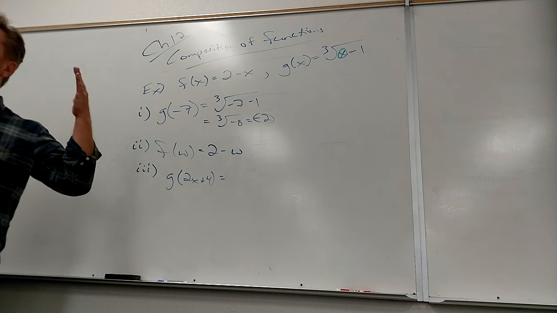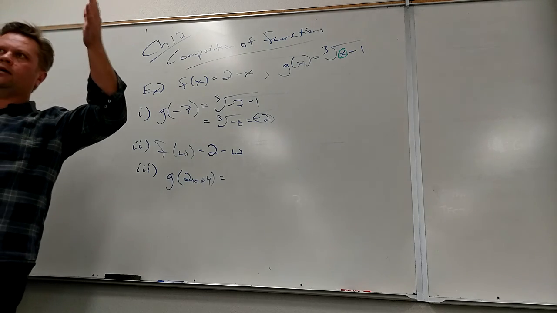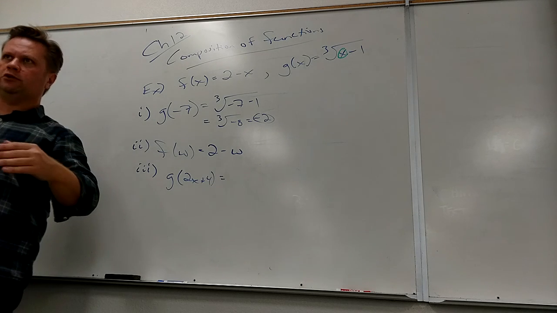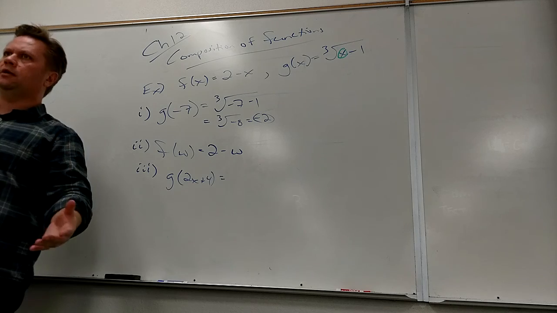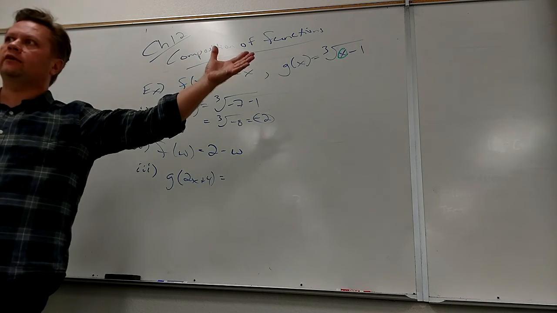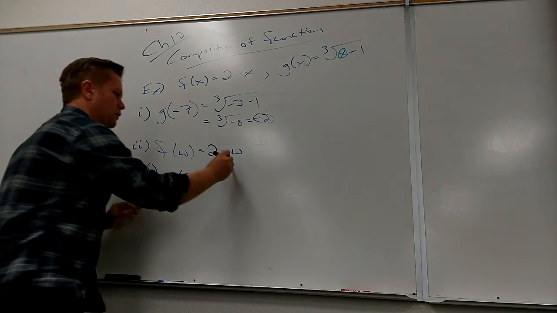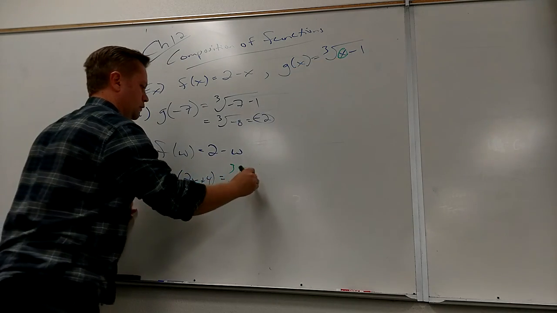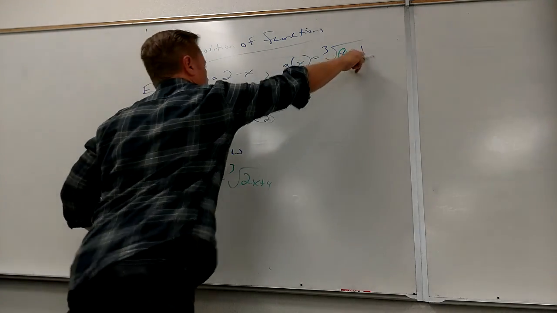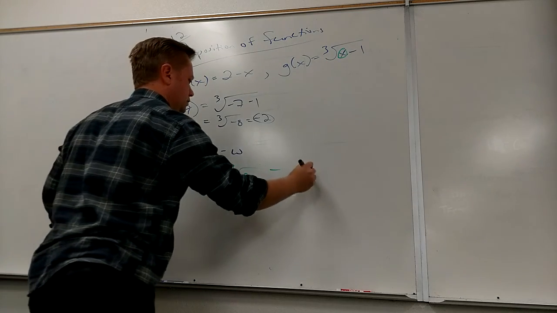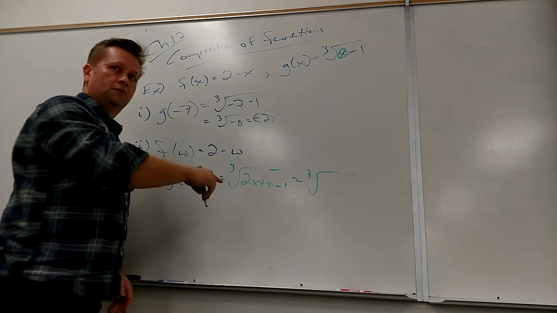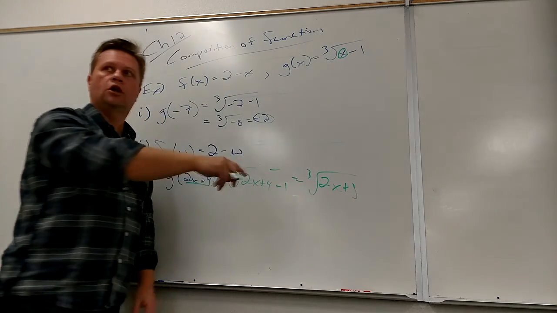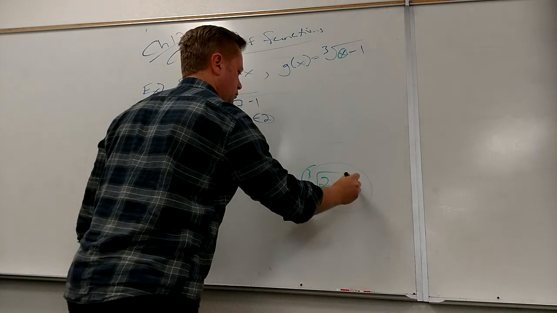Everything in math is very single-minded. It's what we have to do after we do that first step that gets people tripped up. I'm going to have to do some simplification after that. But the first step is replace x with whatever's in here. Put 2x plus 4 there, minus 1. So I get cube root of 2x plus 3. Can I do anything with that? No. I'm done.